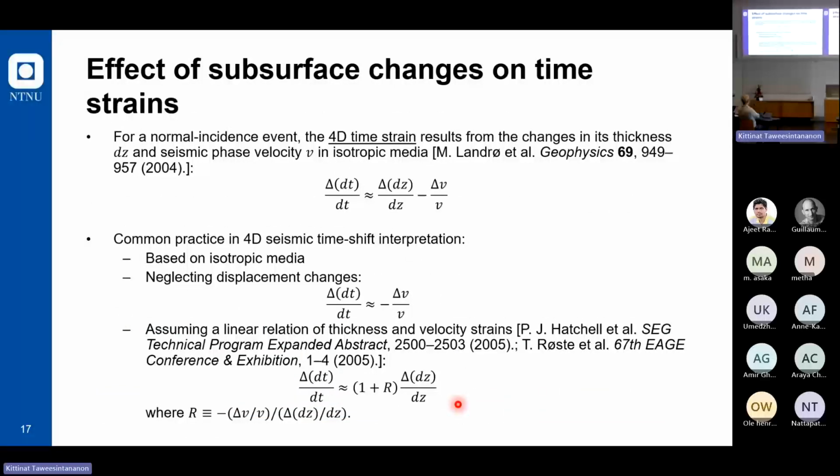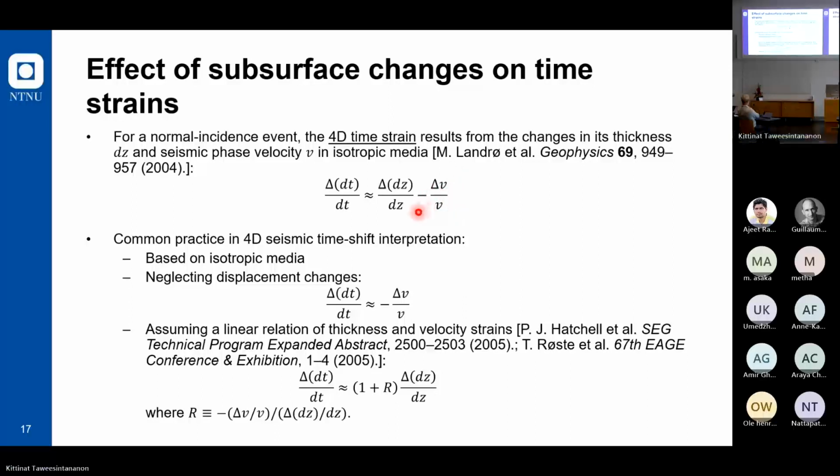So the effect of subsurface changes on time strain is that for the normal instance, we still have this formula relating the time strain, the thickness strain, and the velocity strain.